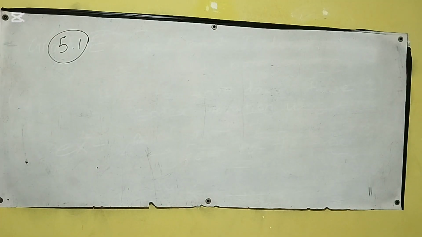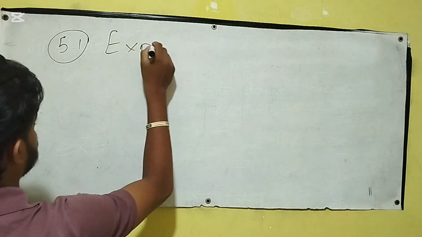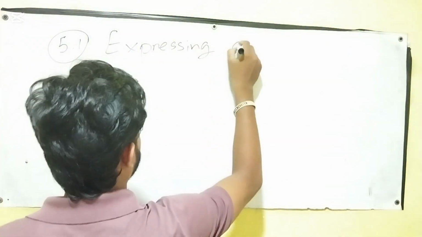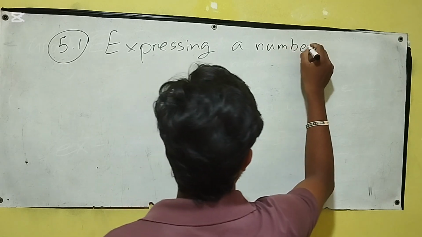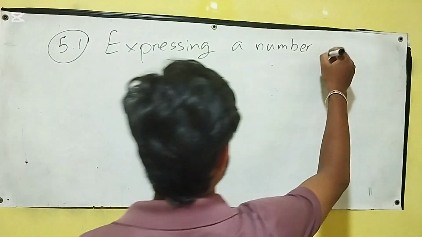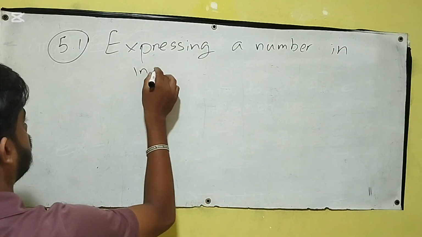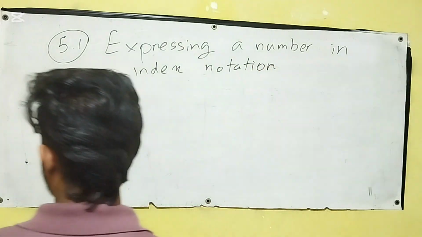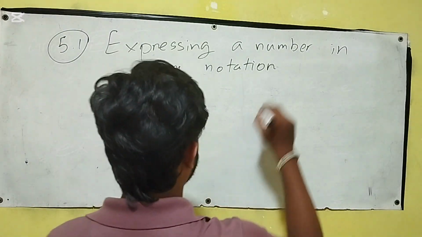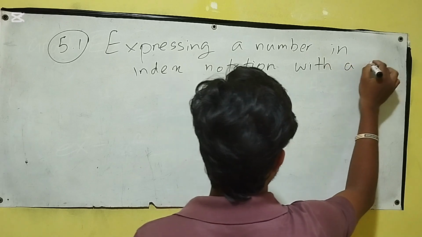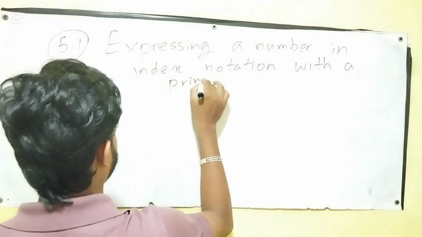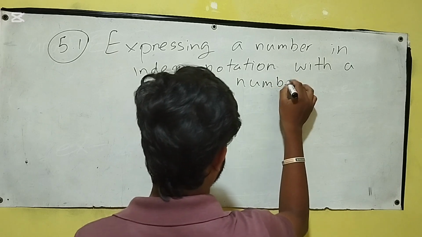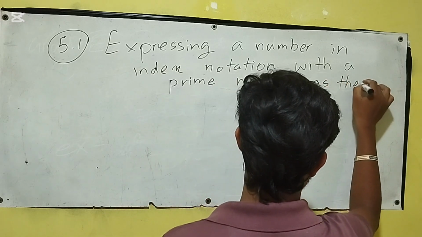Point 1. Expressing a number in index notation with a prime number as the base.